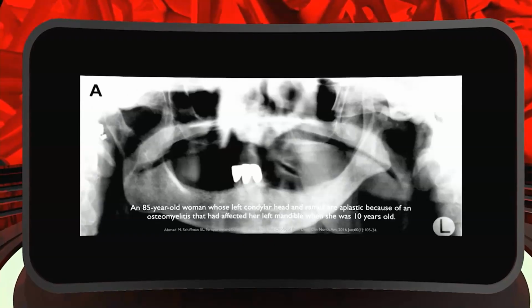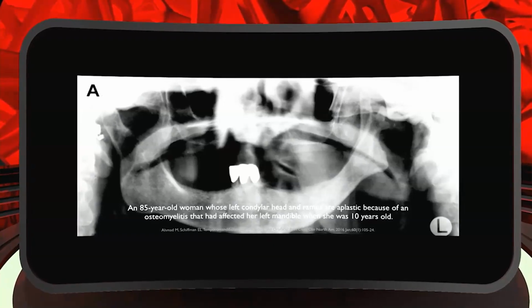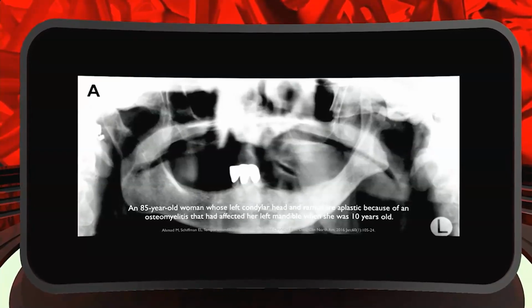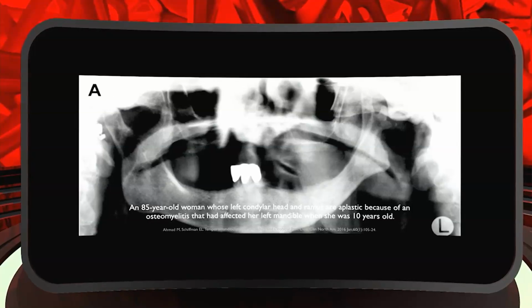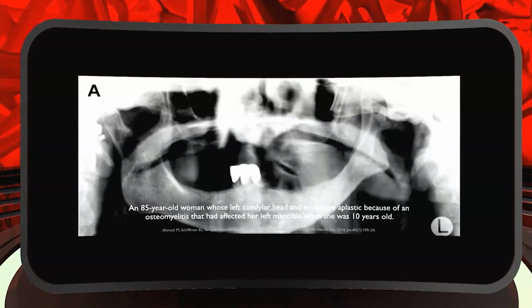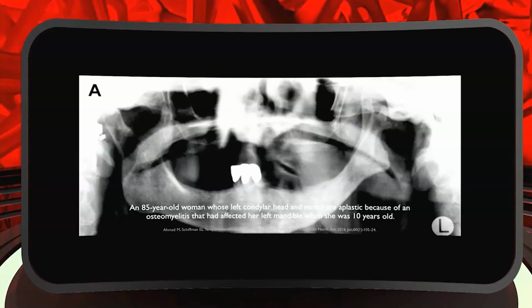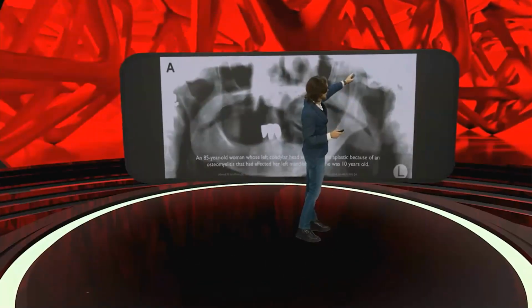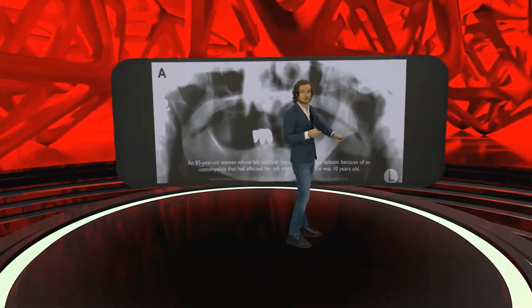This is an 85-year-old woman that had osteomyelitis when she was 10 years old. So this is 75 years after the problem appeared. And when you look at this, you see one condyle, another one, and another one.